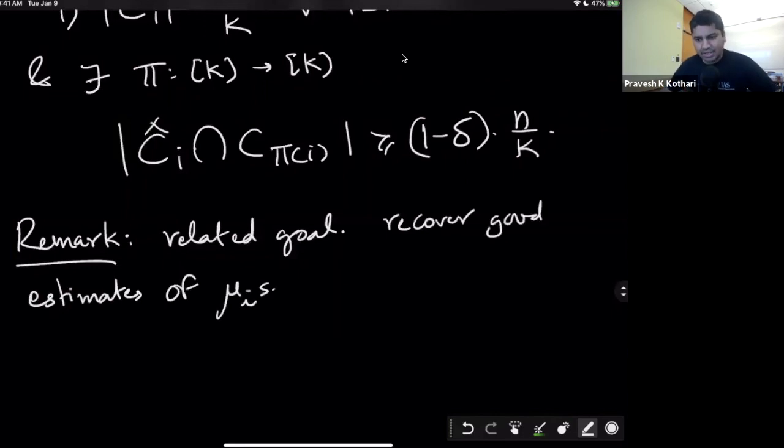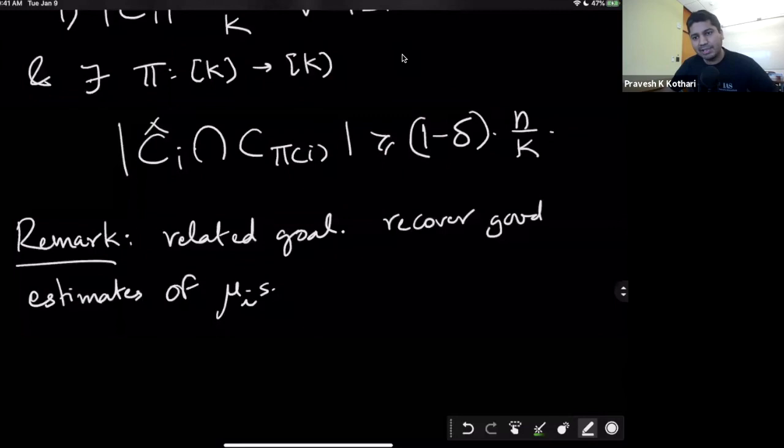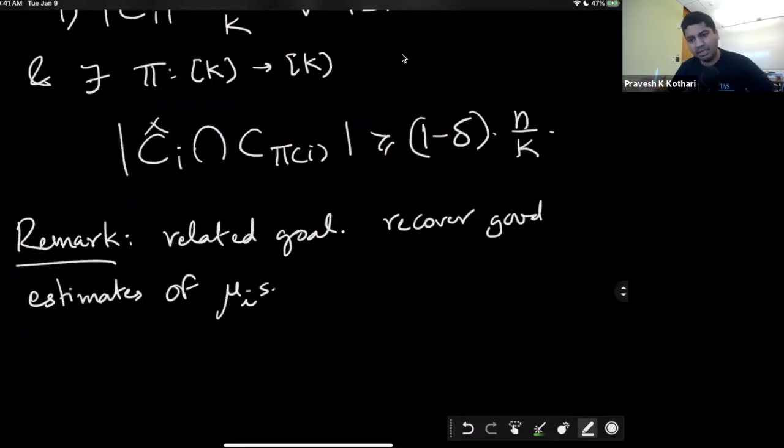And you might imagine, and you're right, that you can recover mu sub i's, or at least very good estimates of mu sub i's, given C hat i's. We will not actually focus on this particular goal today. What we will do next time will naturally tell you how you could have recovered the means from the C hat i's, but we will not focus on that goal today. We will simply focus on the goal of recovering an approximate clustering of the input data points.